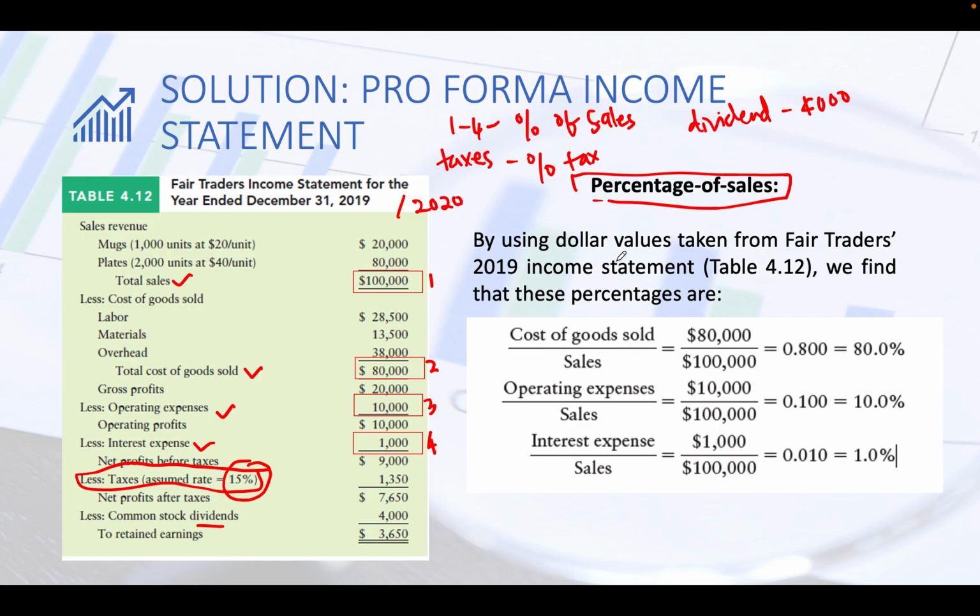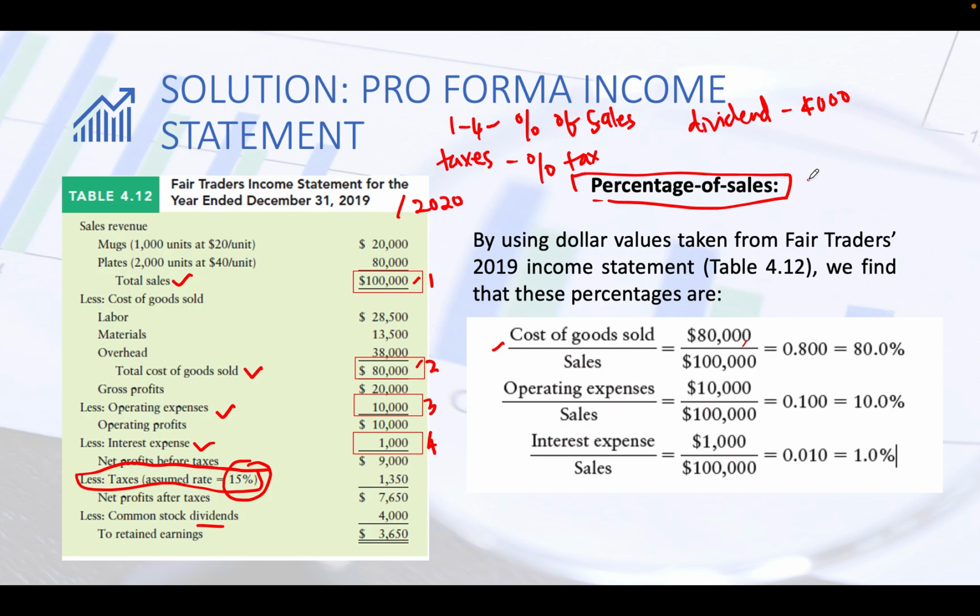So kita nak tahu dia punya setiap item 1, 2, 3, 4 ni berapa peratusan dia berbanding dengan sales. Sales dia 100,000, COGS dia 80,000. Jadi untuk cost of goods sold 80,000 bahagi dengan sales dapat 0.8.